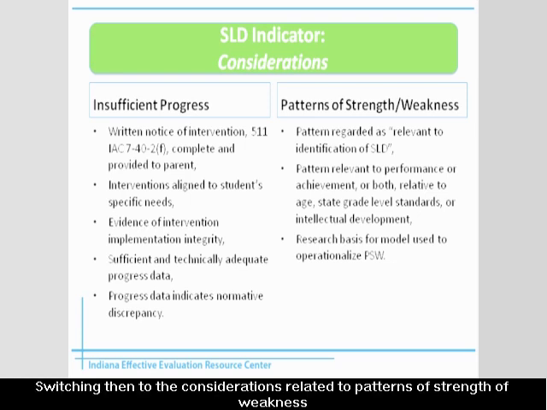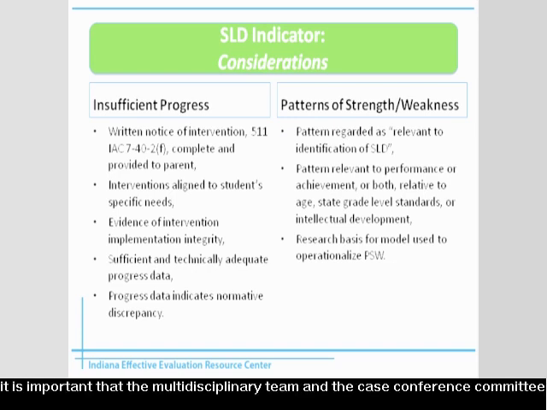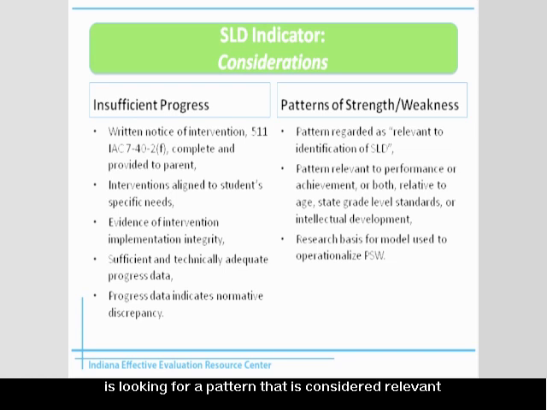Switching then to the considerations related to patterns of strengths and weakness, it is important that the multidisciplinary team and the case conference committee is looking for a pattern that is considered relevant to the identification of a specific learning disability, meaning that the pattern is specific to the academic areas of difficulty that the individual student is experiencing, and that the academic difficulties are consistent with the other weaknesses that the student demonstrates.